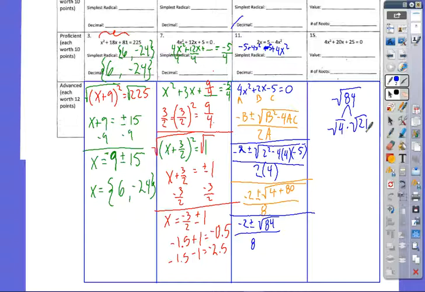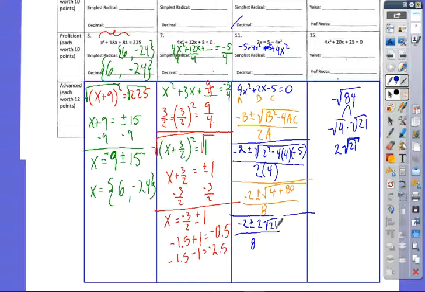So the square root of 4 is 2. So we have 2 times the square root of 21. And since this is simplest radical form, I'm going to erase the square root of 84. You can just write another line because you have more space. And I'm going to write 2 times the square root of 21.